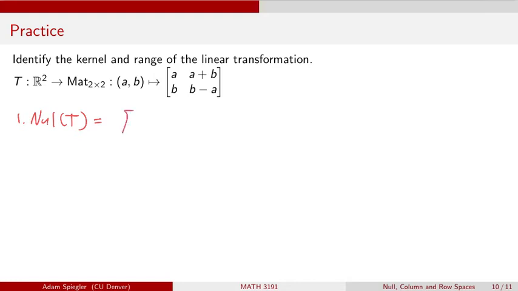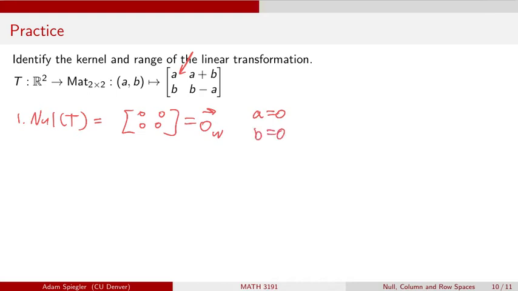The zero vector over there would be the 2 by 2 matrix of zeros. This is what we're calling the zero vector in W. And so in order for a point (a, b) to get mapped to the zero matrix, we can see, first of all, a is going to have to equal 0 from this position over here.